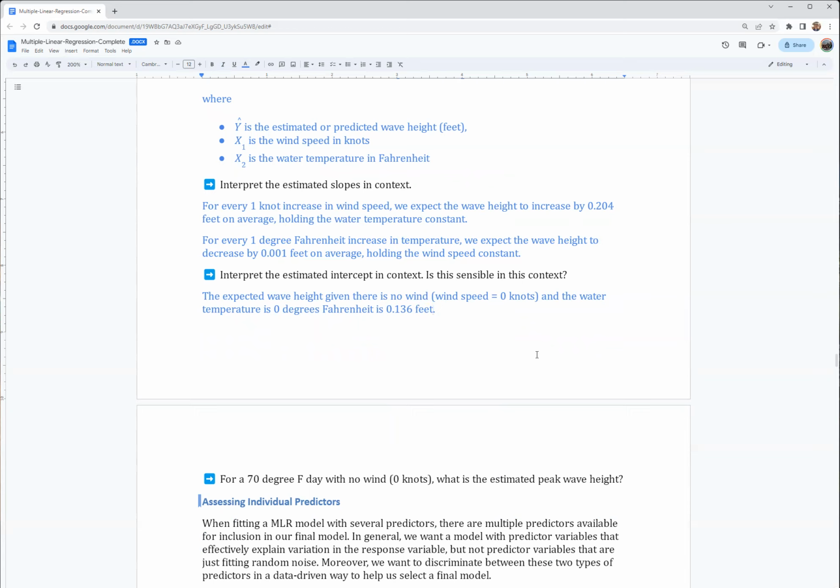Not really, right? Having a wind of 0 knots is fine, it just means there's no wind, but 0 degrees means the water for the Great Lakes, since they're not salty, is going to be frozen. Rock solid. So there's no way there's any waves.